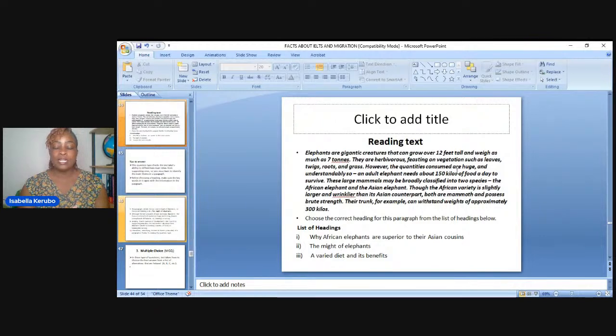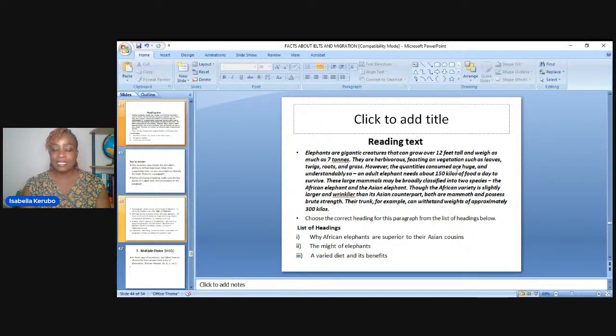One thing that you need to know about this type of question: which skill is tested here? It is your ability to identify the main theme in each paragraph.